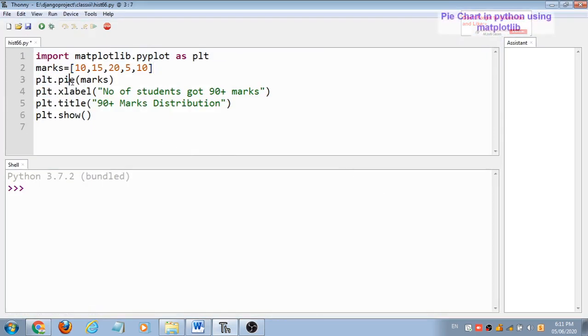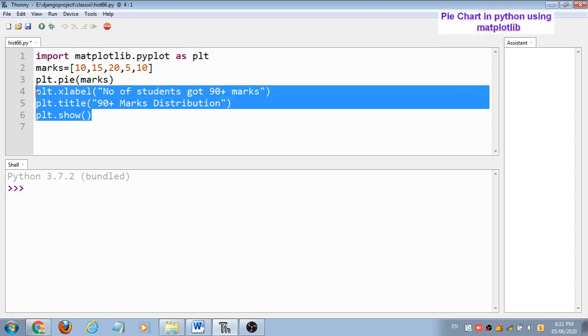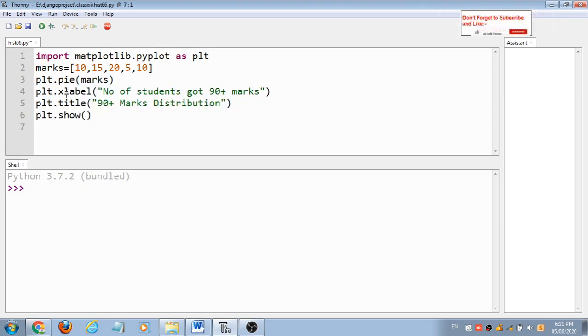Then plt.pie, passing this list inside this function. These are xlabel, title and show functions. They work similarly to the line chart and bar chart. So there is no need for a y label. Let's see why this is not needed. Okay, let's execute this. Okay, it is executing.